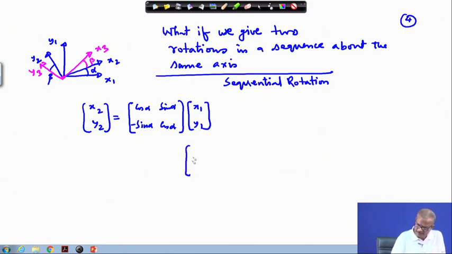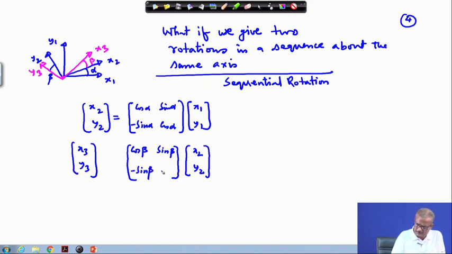That means the x 2 y 2 will be rotated to x 3 y 3 and that you are doing by beta angle. So, here you will have sin beta, because we are rotating the frame.